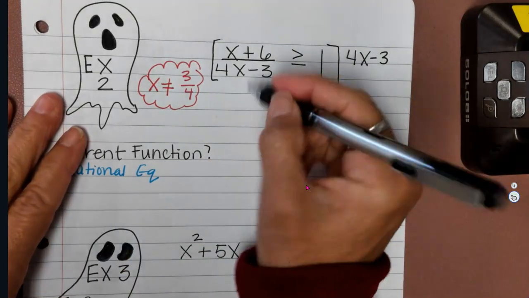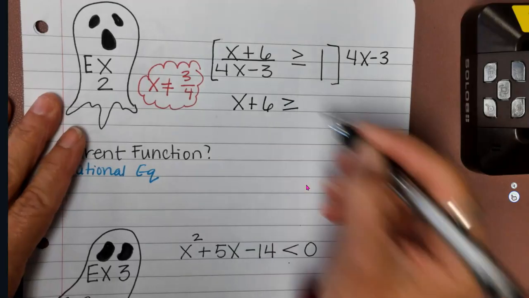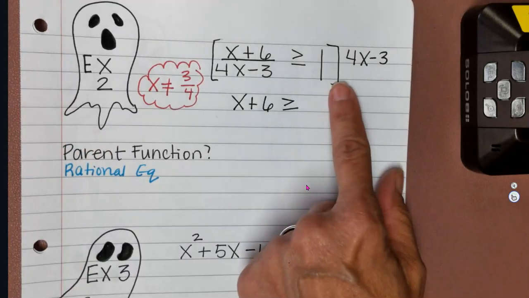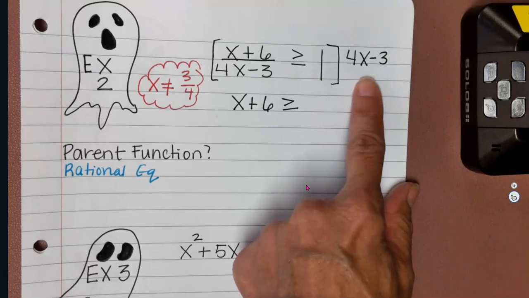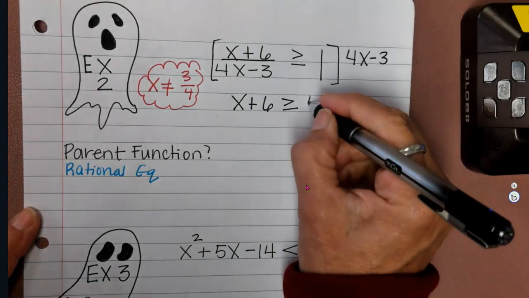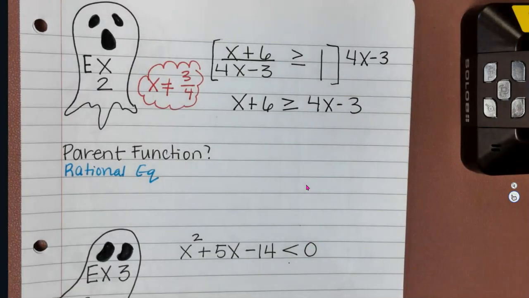So the only thing that's left is the numerator. Over here on the right side, guys, don't forget it's 1 times that. So this other side is going to equal 4x minus 3. You do not have an exponent, y'all. Just do your thing and solve.